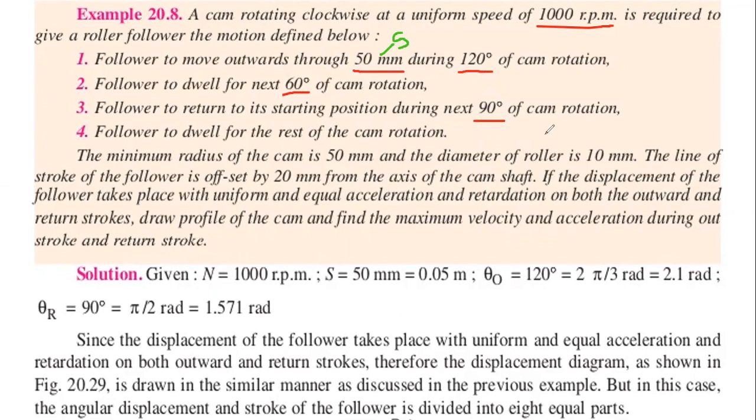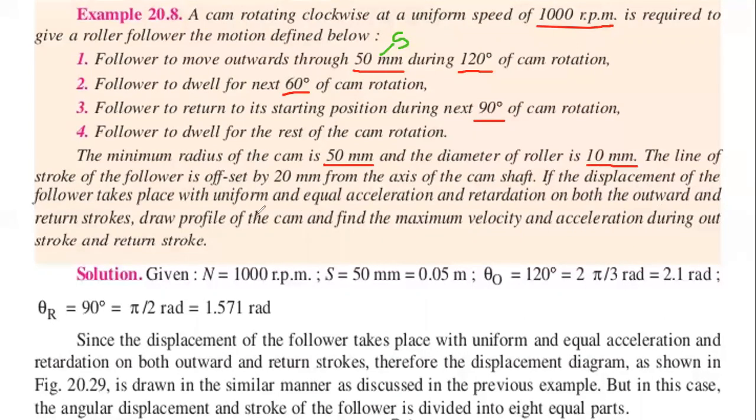Next, the follower dwells for the rest of the cam rotation. The minimum radius of the cam is 50 mm and the diameter of the roller is 10 mm.